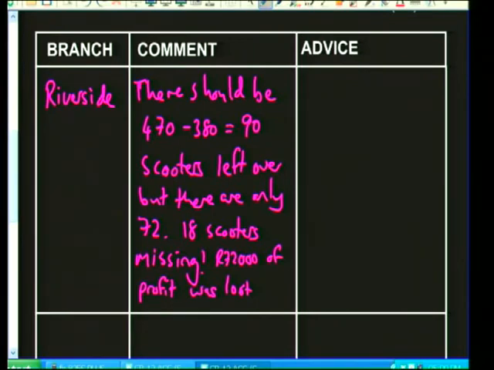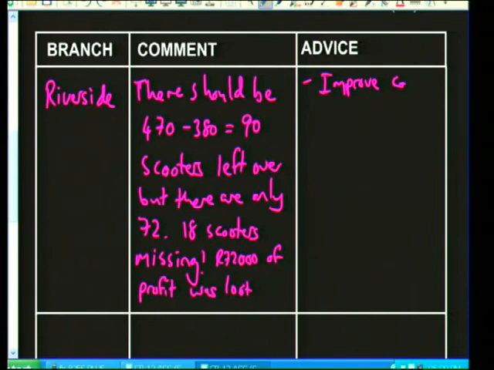Now, some of the advice that we could give Vusi, Dr. Zulu. How could we advise Dr. Zulu in solving this problem? Often, stock goes missing in businesses, so some of the things that we could do is we could improve the internal controls of the business. So perhaps he could do something like installing cameras in the business to check to see whether the stock is going missing.